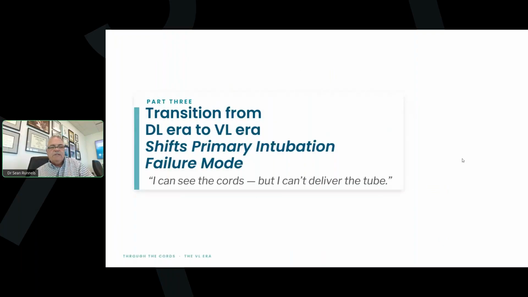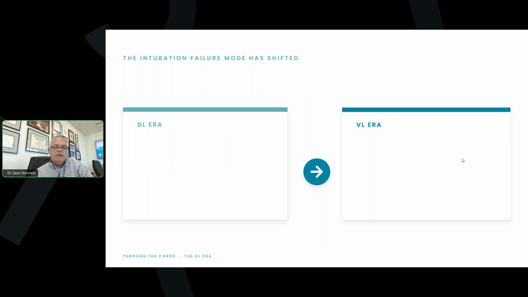So as we transition from the DL era to the VL era, shifts in primary intubation failure mode are happening. So now we are moving from I can't see to I can see the cords, but I can't deliver the endotracheal tube. And that's a tracheal access issue. So the intubation failure mode is shifting. DL era, primary failure mode, visualization failure.